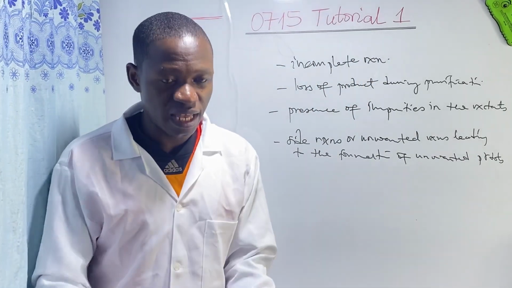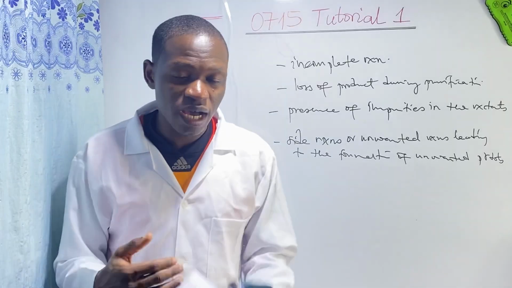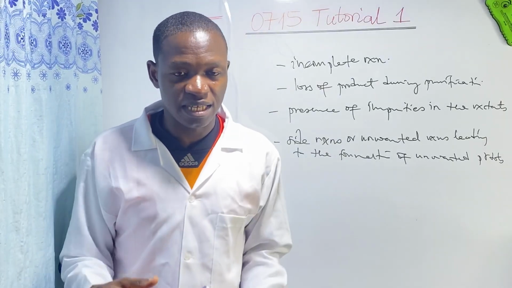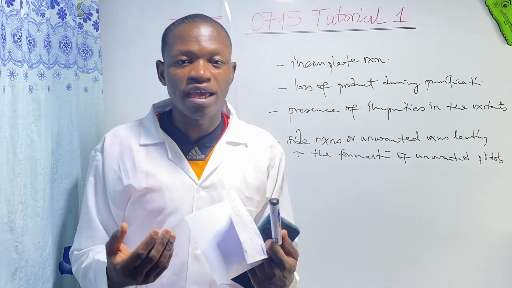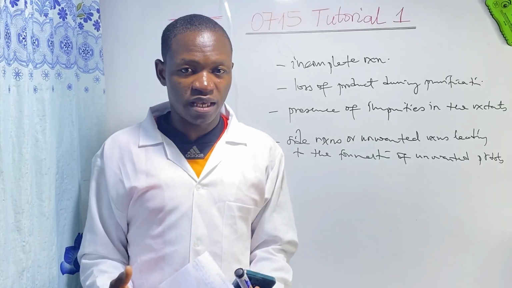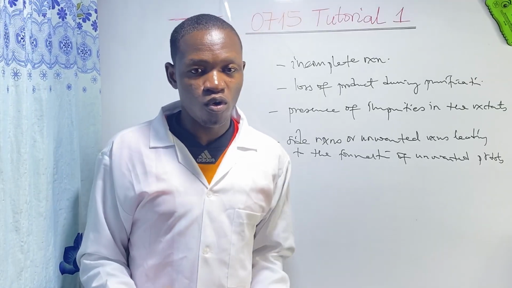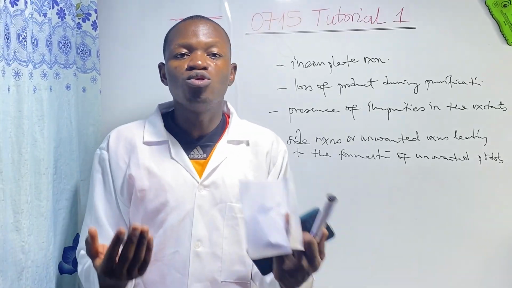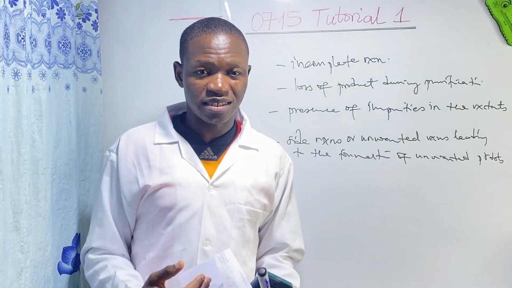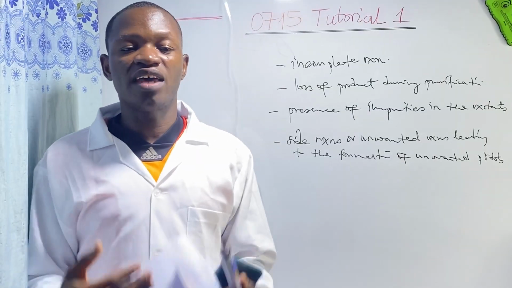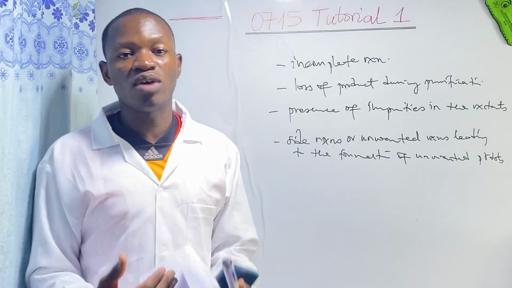Side or unwanted reactions mean that in the actual reaction, as we mix the reactants, apart from the actual reaction that we expect, some other reactions may occur, and because they occur, they will use up some of our reactants. At the end of the day, we shall not have the actual quantity of product that we want.